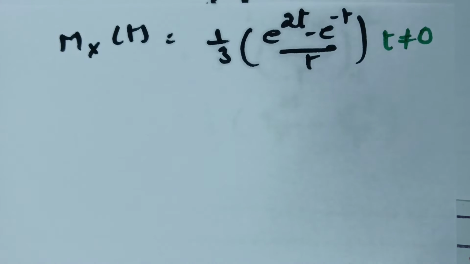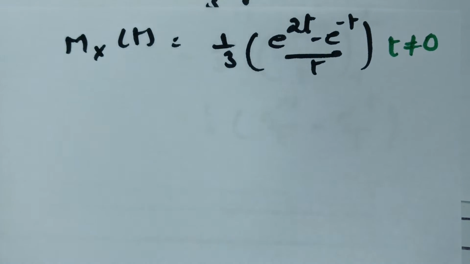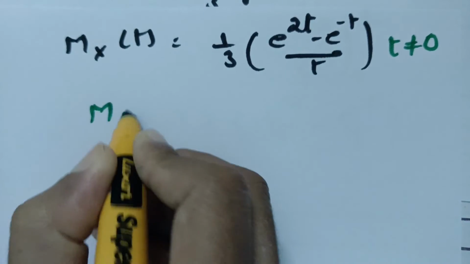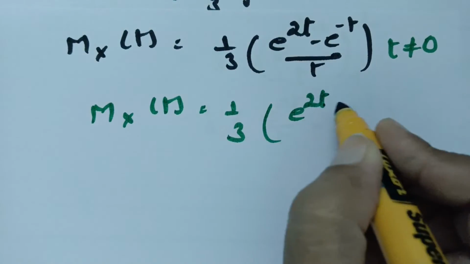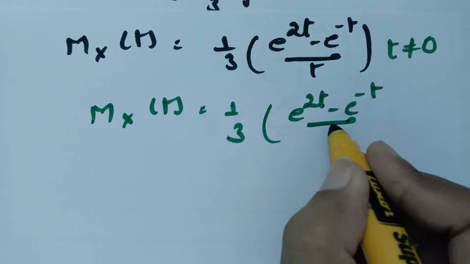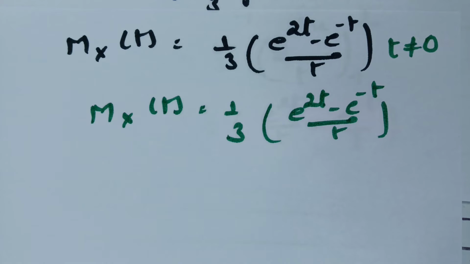And see here, when t is equal to 0, what happens? Mx of t is equal to 1 by 3 times (e power 2t minus e power minus t) by t. We have shown the function value when t is not equal to 0.